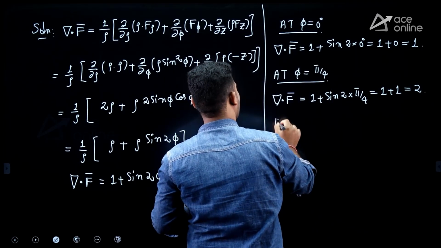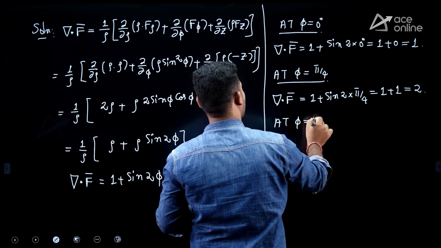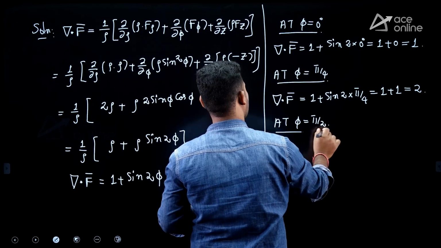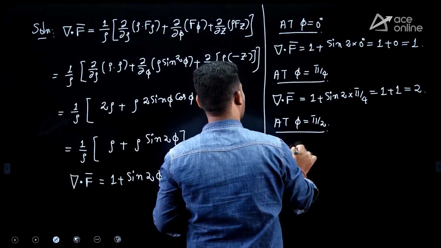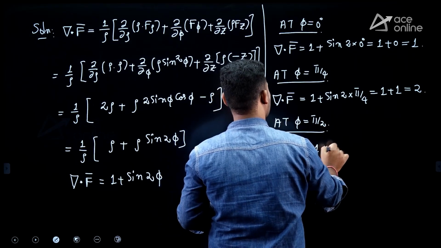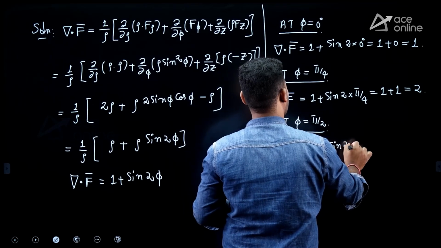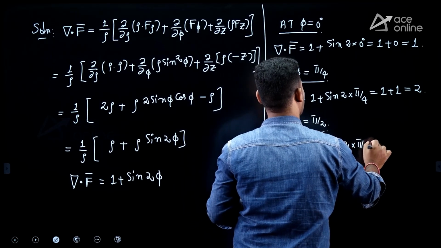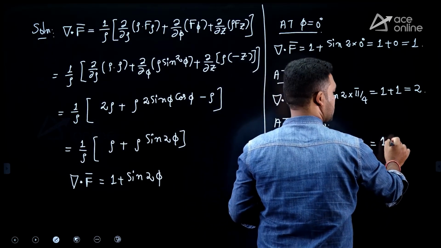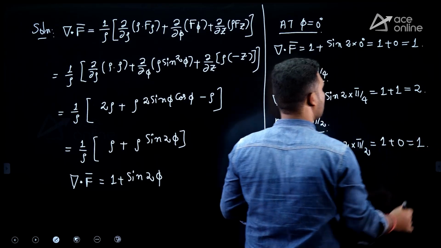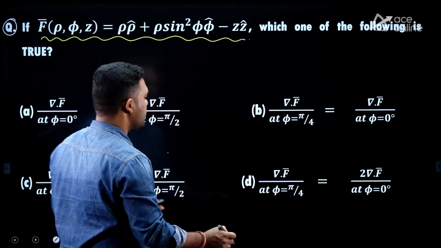Clear? At phi is equal to pi by 2, the divergence of f is equal to 1 plus sin 2 into pi by 2, so it is 1 plus 0, which is equal to 1. So you can check out here, option D is the answer.